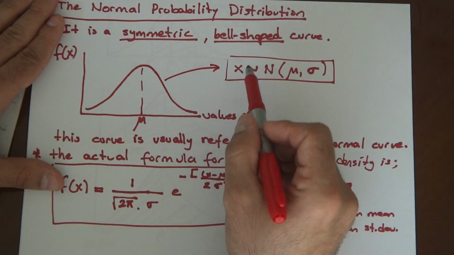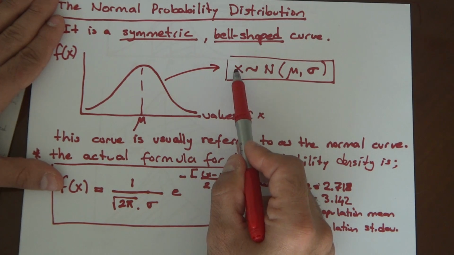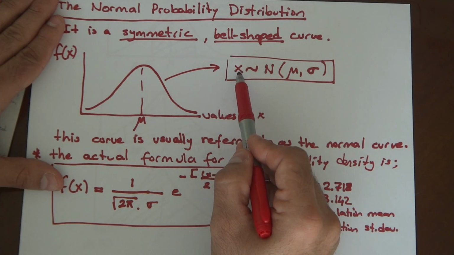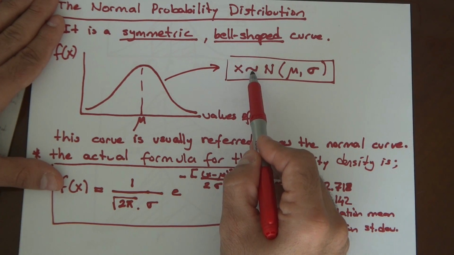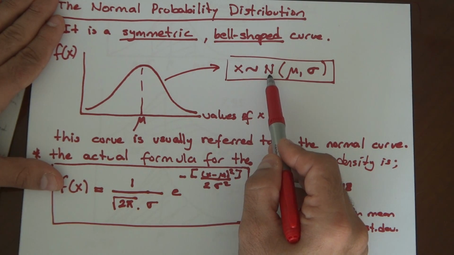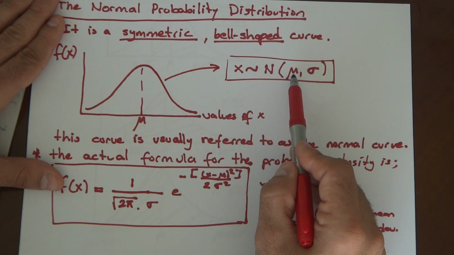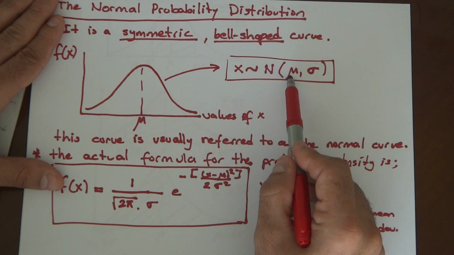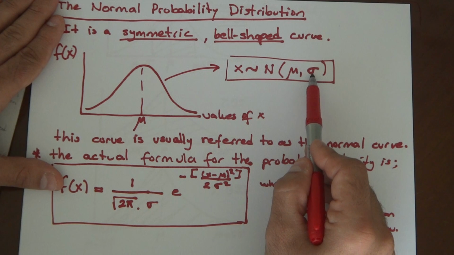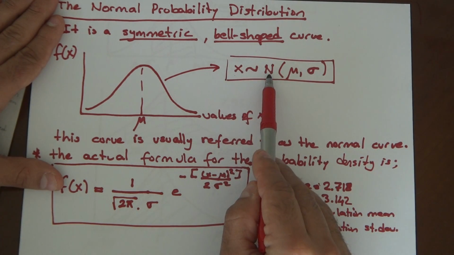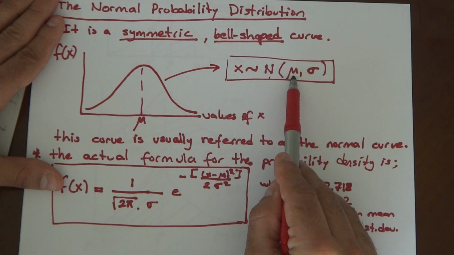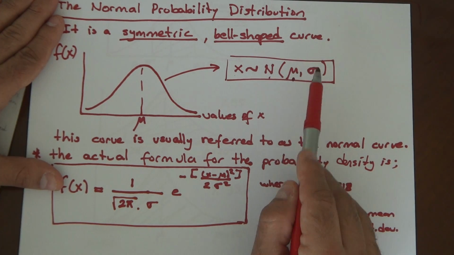You have to show that x is the continuous random variable. This sign means x is distributed normally with a given population mean and given standard deviation. One more time, x is distributed normally with this given mu and this given standard deviation.